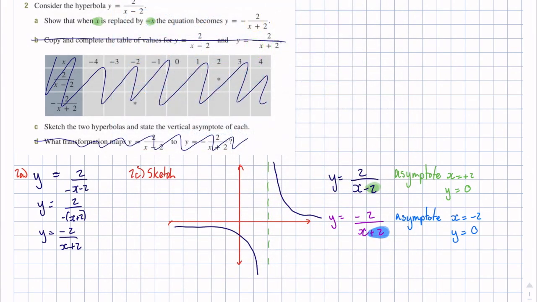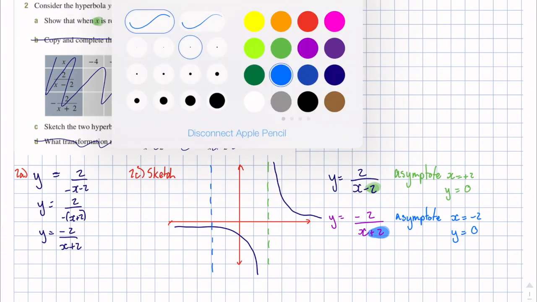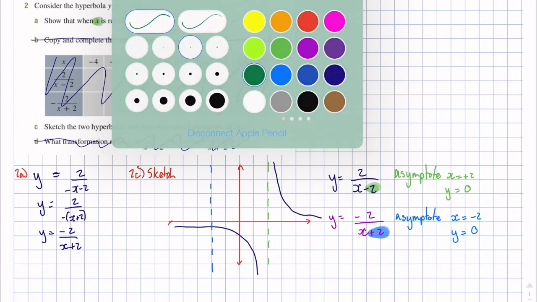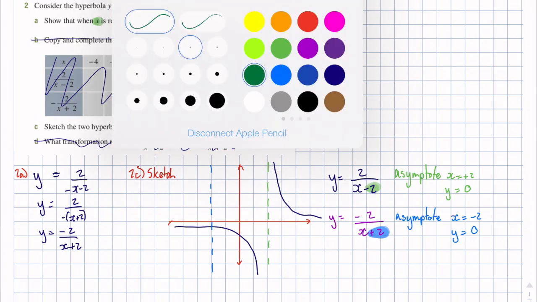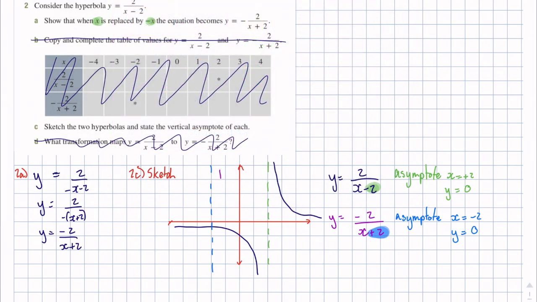So I'm going to mark that on. And the negative out the front means that this time, I'll do this in purple. Instead of going one way, the negative flips it the other way.